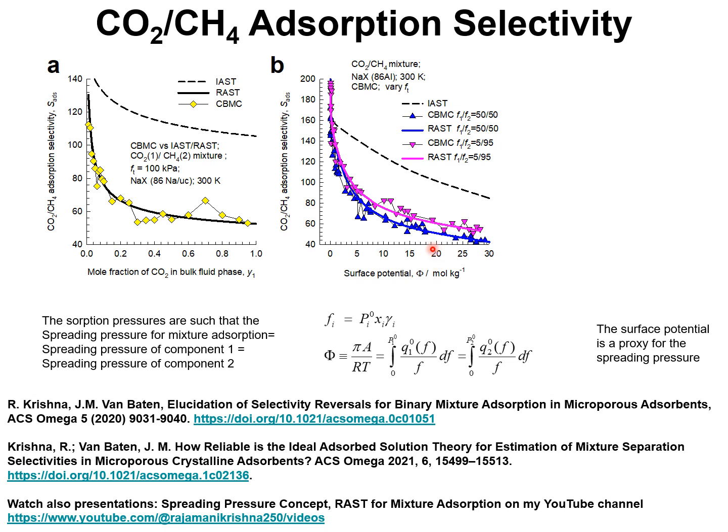Again, we note that the adsorption selectivity determined from molecular simulations, when plotted against the surface potential that serves as a proxy for the spreading pressure, is significantly lower than the estimates of the IAST for both 50-50 mixtures and for 95-5 mixtures indicated by the inverted pink triangles.